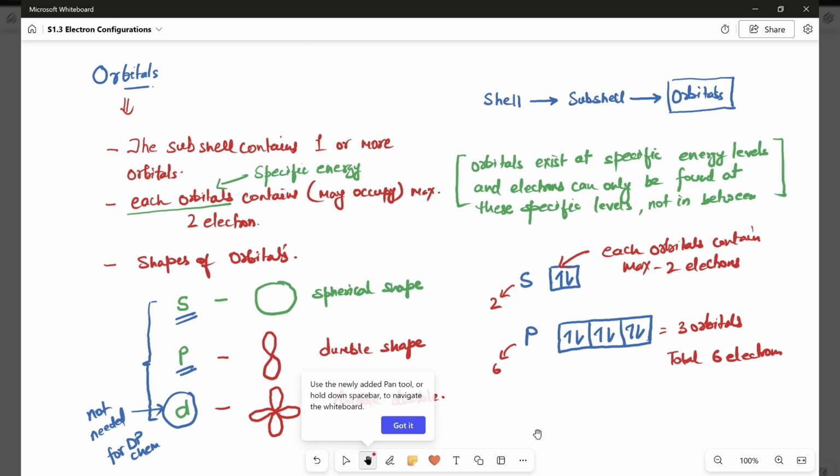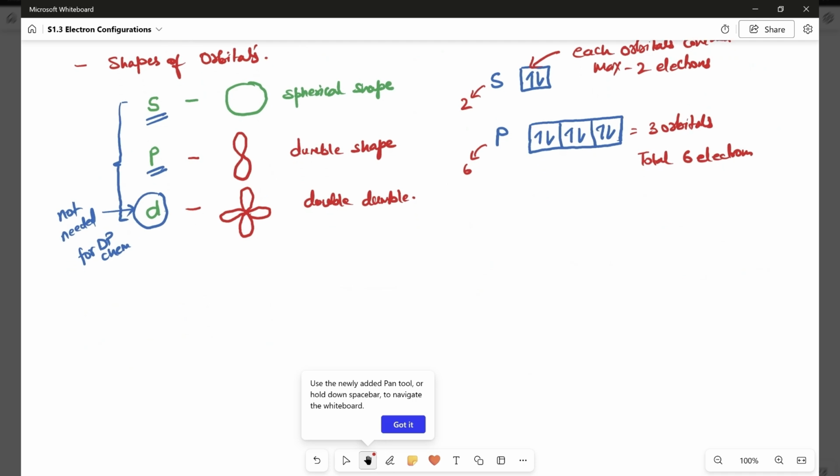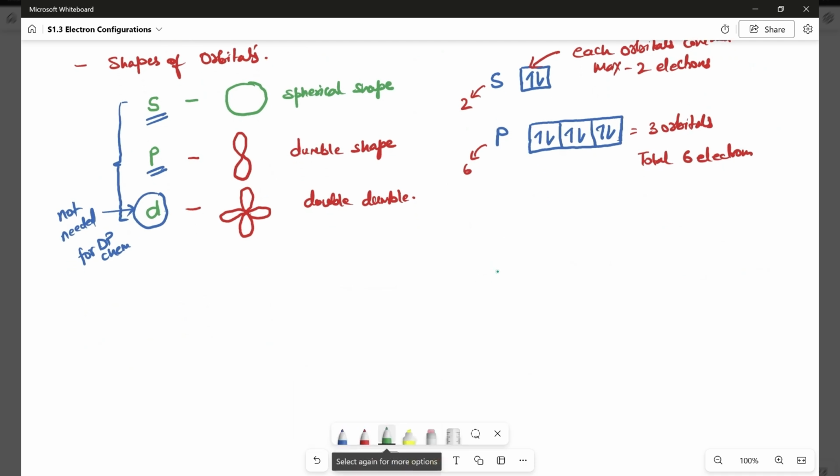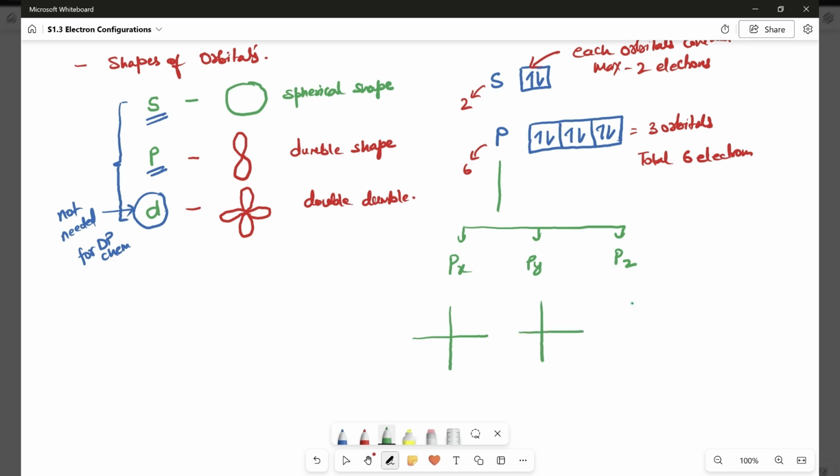If you see the further shape of these p orbitals, let me take you through them. So there are three shapes of these p orbitals. We can find p orbitals only in the next shell, shell number two. So let's say there is a px, py, and pz. This is the orientation. So this is the x-axis, this is the y-axis, right? Let me show you where these are.